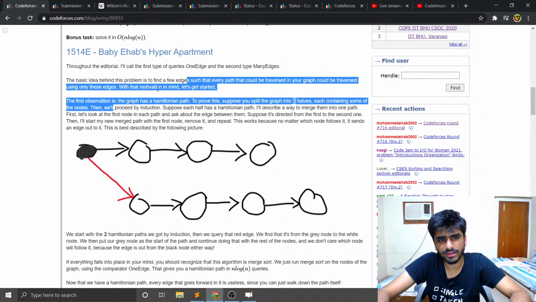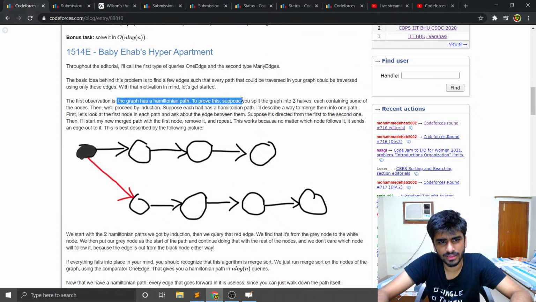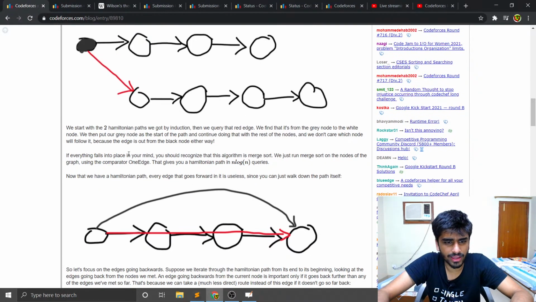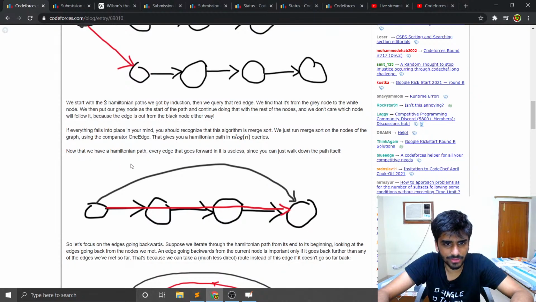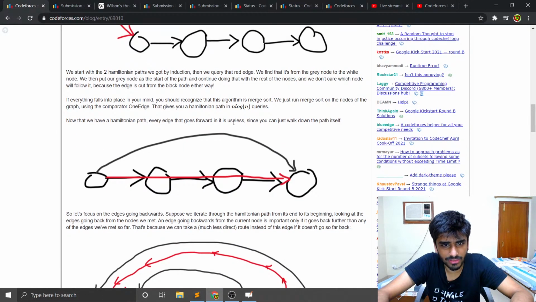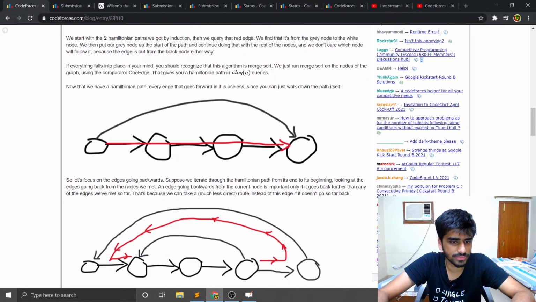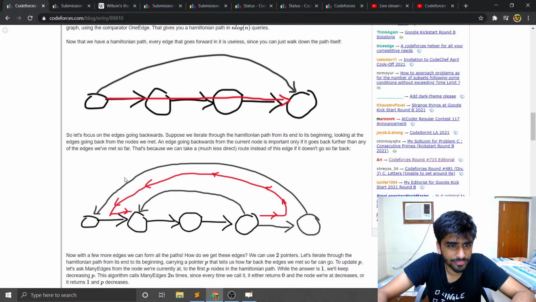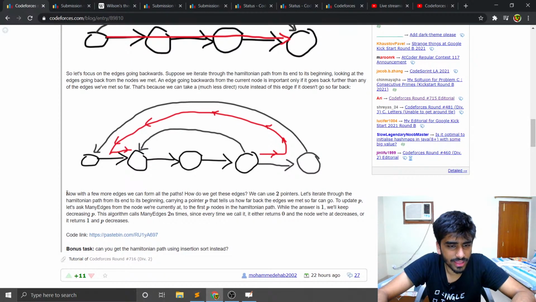The graph has a Hamiltonian path. I think I found it. And what do they do after finding the Hamiltonian path? Every edge that goes forward is useless since you can just walk down the path itself. Yeah, that makes sense. And now with a few more edges, we can form all paths.